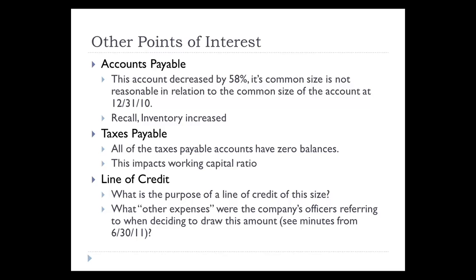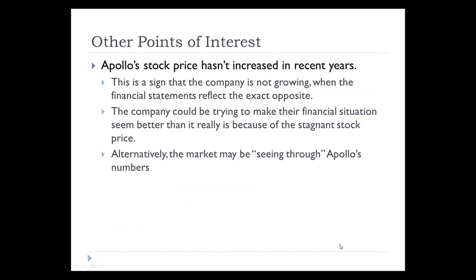Those are the types of things where, even though something might be quantitatively immaterial, the fact that they might have debt covenants or contractual covenants associated with debt changes it to a qualitative materiality benchmark. Also, what other expenses were they referring to when they decided to draw this amount down? They were very vague. So again, the auditor would want more information on that.